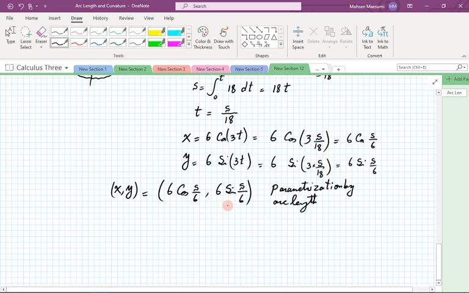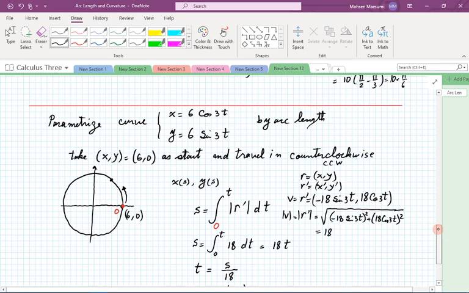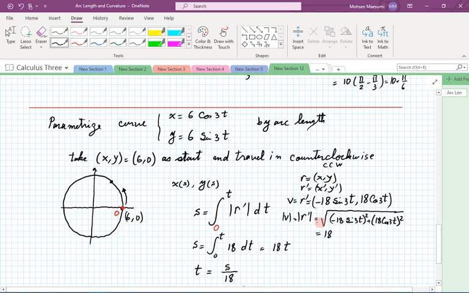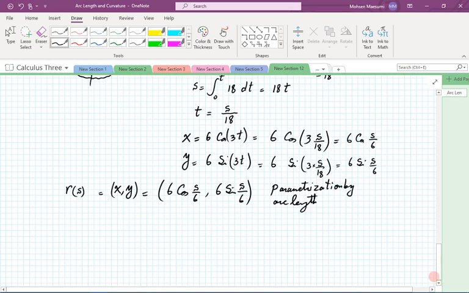So by now, let's go ahead and write this thing. We call it R of S. Previously it was always R of T. Okay, these things were functions of time, but now we have R of S. S is our arc length.